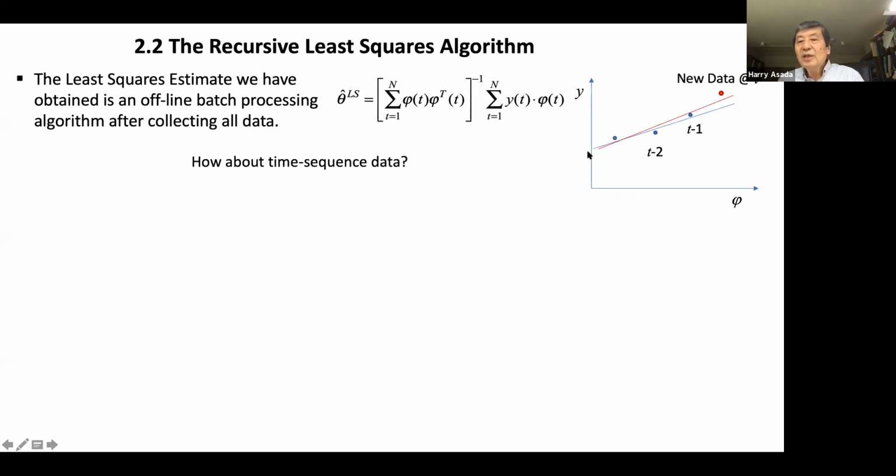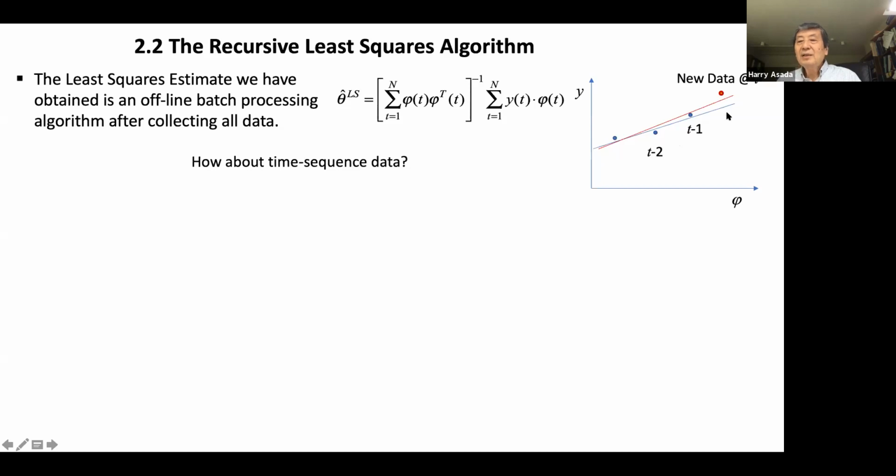Many data points have shown up, and at time t-1 we get the series of data and find the best-fit blue line over here, including all the data up to and including time t-1.